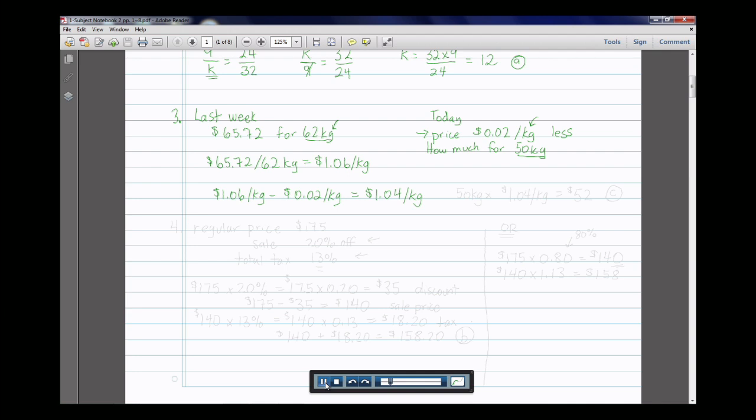Well, you go back and you check, and it says how much does she pay for 50 kilograms, so we're not done. So to figure out what she pays for 50 kilograms, here's the price for 1, so you multiply that by 50. 50 kilograms times $1.04 per kilogram. That tells you she's going to pay $52, so the right answer is C.